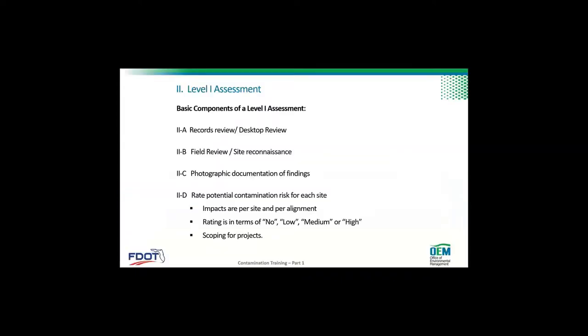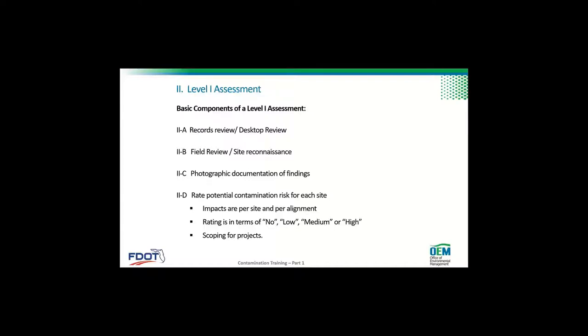Okay, so how do we identify and make sure that we don't exacerbate any plumes? We start with a level 1 assessment. The level 1 assessment is like a records review, a desktop review. You could also have a field site reconnaissance, like a drive-through.